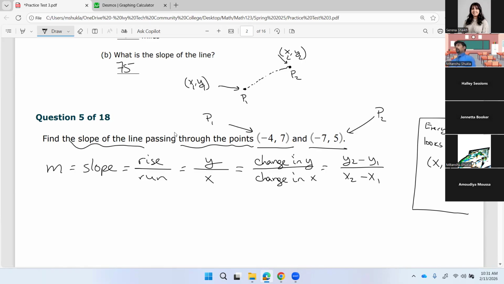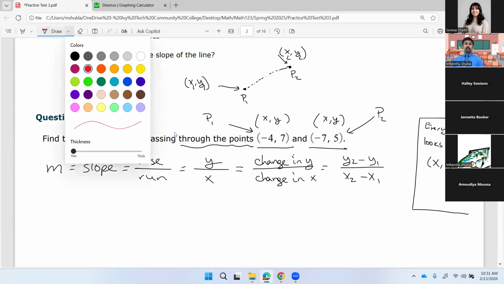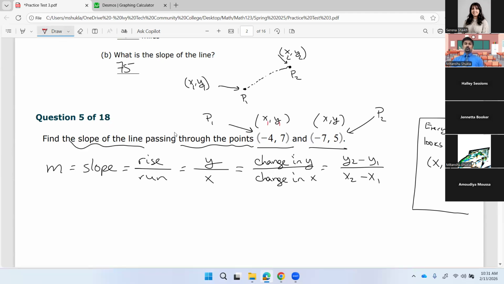Unless you add more dimensions, then you get more letters, but we're not there. Let's stay in our 2-dimensional concept. So every point looks like this. So I can label these as X comma Y. And if that's P1, I'm going to label this as X1, Y1. And if this is P2, I'm going to label this as X2, Y2.